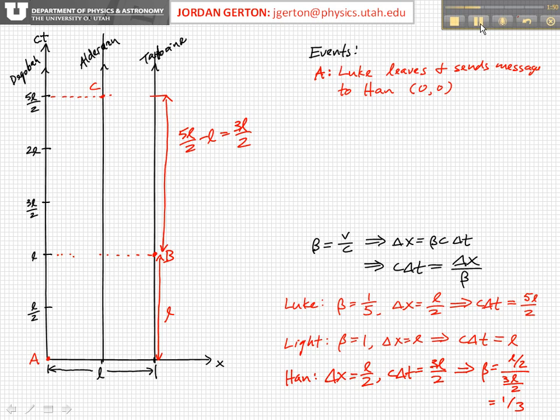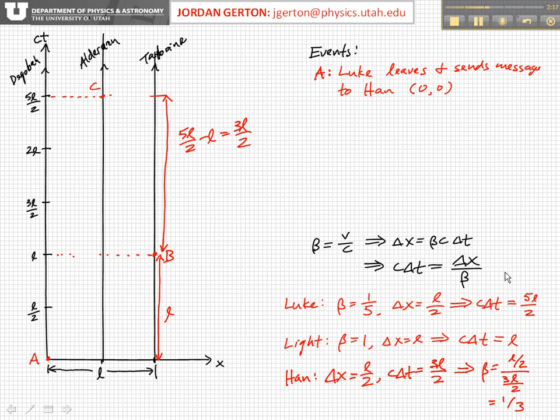So beta is equal to the inverse of that. So beta is equal to the change in position for Han, L over 2, divided by the change in time coordinate, 3L over 2. And so we see immediately that Han's speed must be equal to 1/3. Well, beta, his speed relative to light, must be equal to 1/3 in order for him to get to Alderaan at precisely the same time that Luke does.